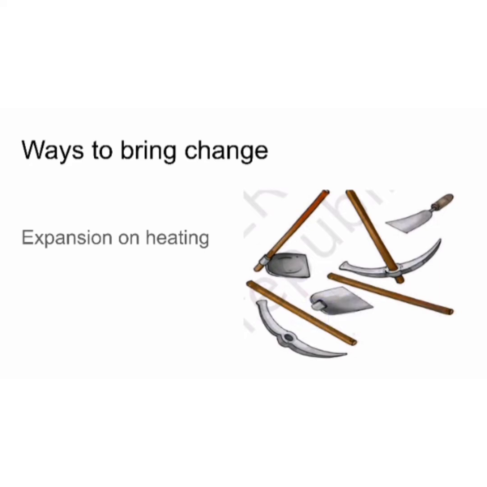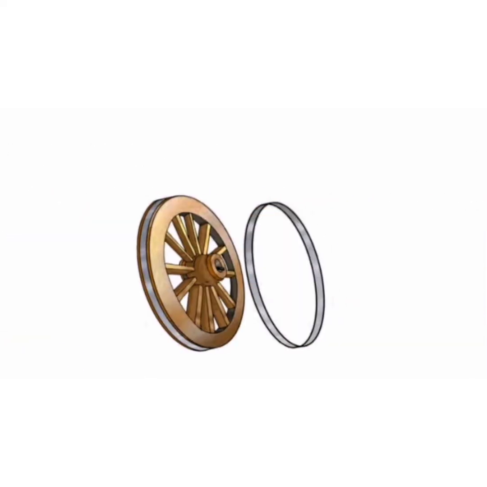Okay, next change. This is a wheel, right? This is a cog wheel. This is fixed with a metal ring. How do they fix this ring on the wheel? The same process used for the handle and the iron.